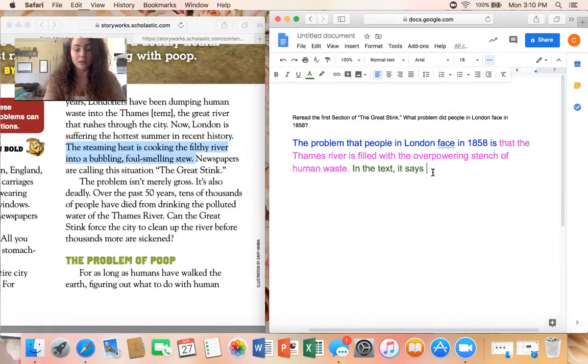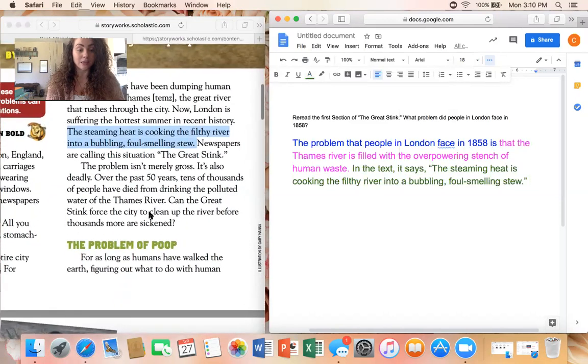It says, and I'm going to put it in quotes, "the steaming heat is cooking the filthy river into a bubbling, foul-smelling stew." Okay, so that is my first detail.